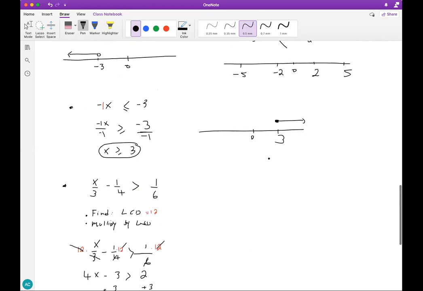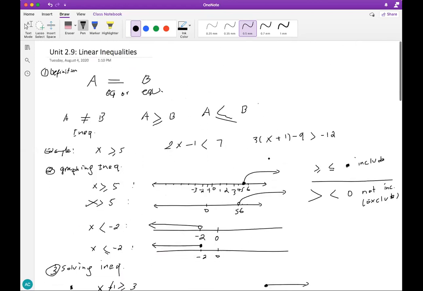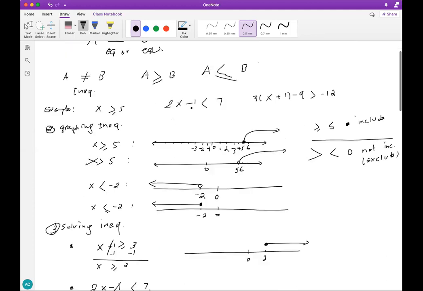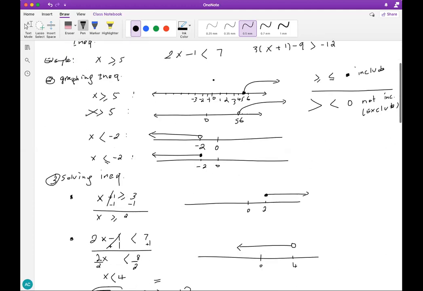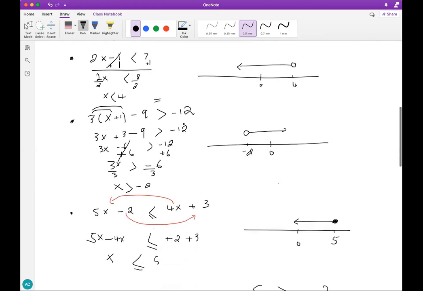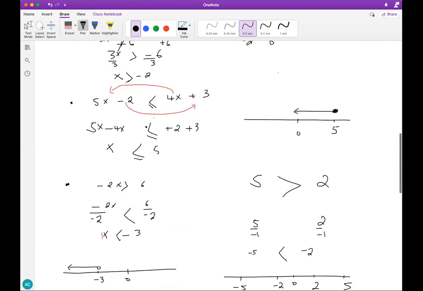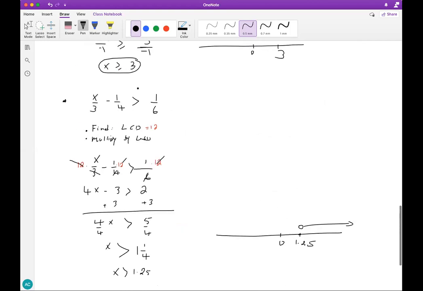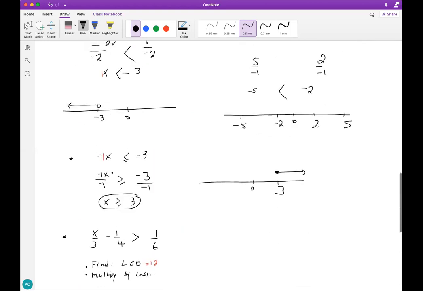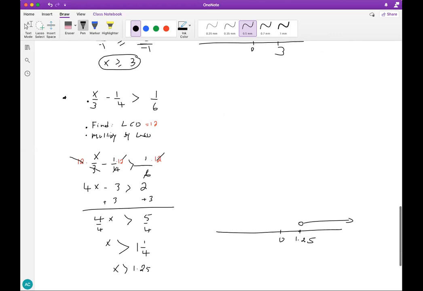So that's pretty much it for inequalities. Like I said, it's a simple topic. Basically, the only new part is probably this part of graphing. The rest is like solving equations, also the fractions. We saw that before. So review those if you still have confusion about fractions and decimals.